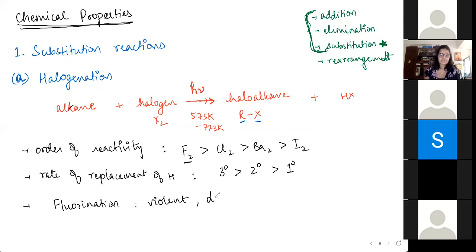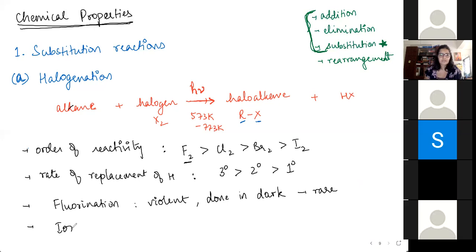This reaction is usually done in the dark to have some measure of control over it so that things don't explode all over. And this reaction is very, very rare. If you want to fluorinate alkanes, this is not how you go about it. You have better controlled reactions, if at all.